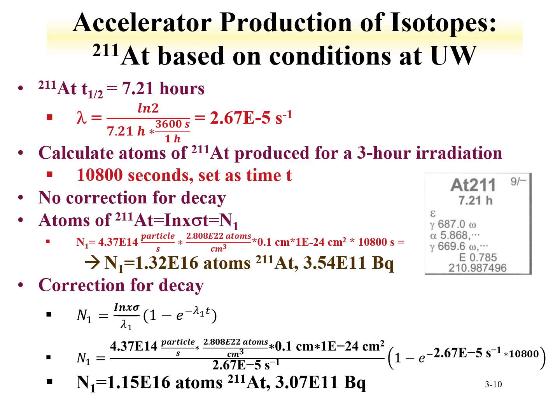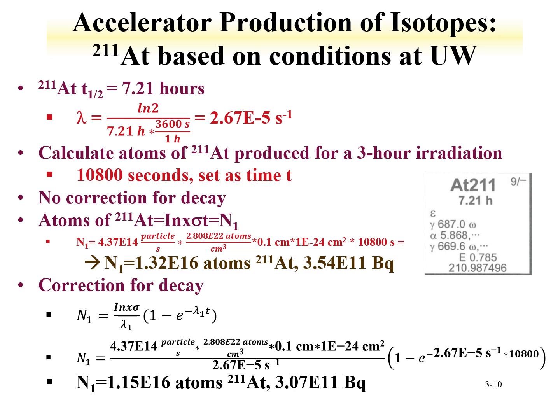So for the two examples, let's do the production. For no decay correction, the atoms of astatine-211 is equal to the equation we've shown before. And since it's a production rate that is not decay corrected, we'll just multiply it by the number of seconds for the irradiation. And we're going to set that equal to N1 as a comparison point. N1 is equal to particles per second times the atom density times the target thickness times the cross-section times the time.